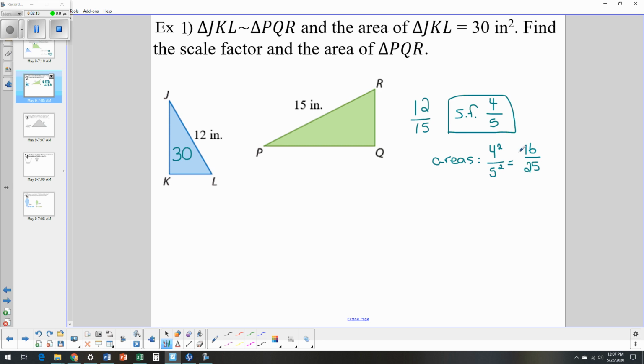So if I know that the ratio of the areas is 16 to 25, and I know the area of the first shape is 30, and I can call this area x, then I have a proportion where 16 over 25 equals 30 over x.